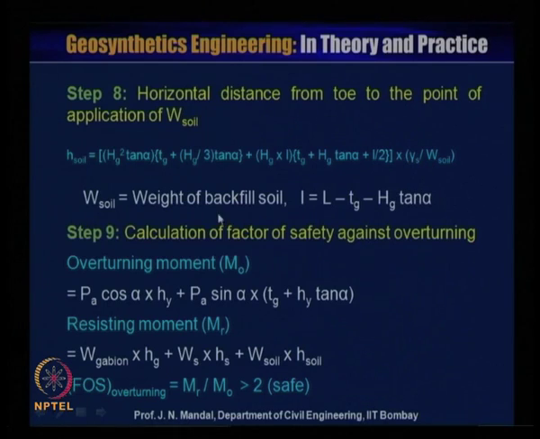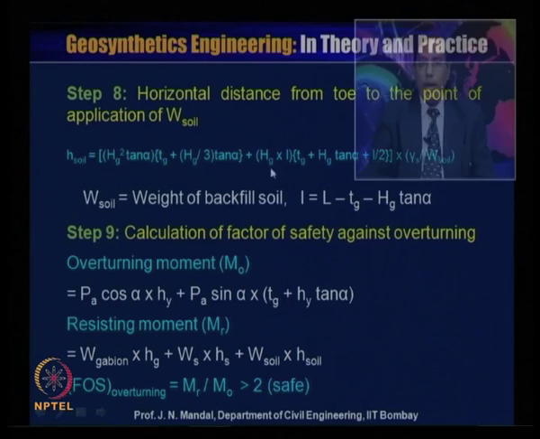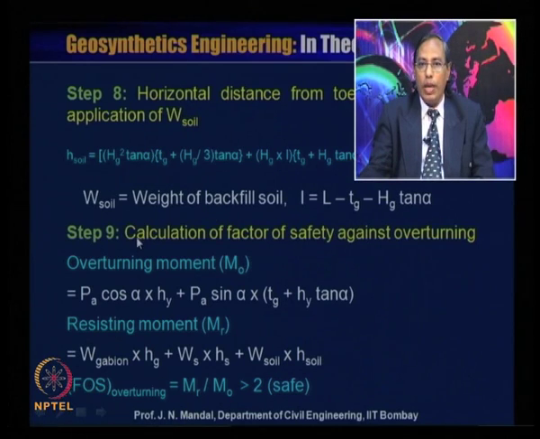Where W soil is equal to the weight of the backfill soil and L is equal to L minus Tg minus Hg tan alpha. So you can calculate here the horizontal distance from the toe to the point of application of W soil where it is acting.